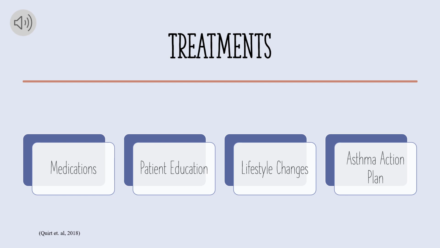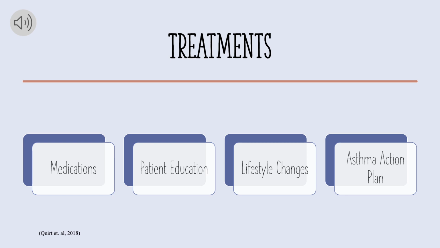Patient education would include teaching patients how to use their inhalers appropriately and adhere to treatment plans to keep their asthma under control. An example of this would be telling patients to make sure to rinse their mouth out after they take a steroid medication to reduce the chances of developing thrush. Patient education also includes helping the patient figure out their triggers to avoid and reduce the severity of their symptoms.